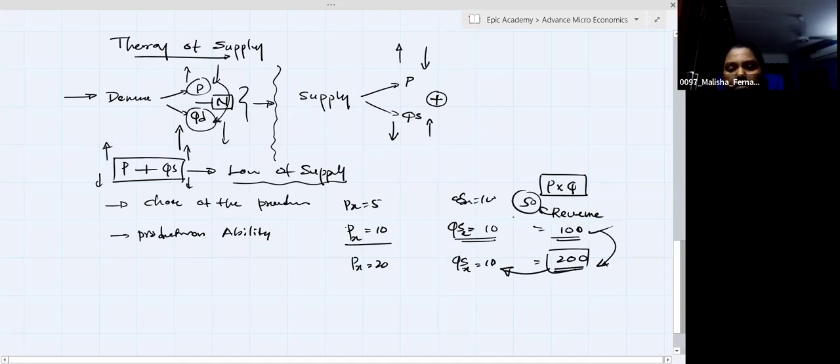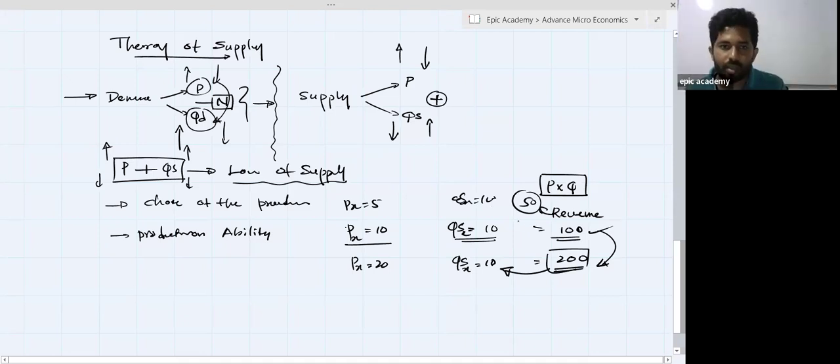So the ability is reduced, your production amount also reduces, and supply also reduces. This is parallel. That is why production ability is one of the major factors creating the positive relationship between price and quantity supplied, which is represented in the law of supply.